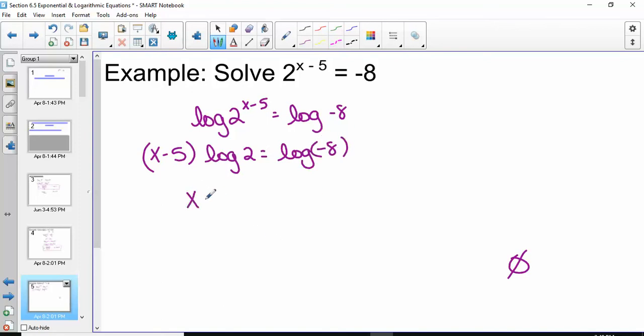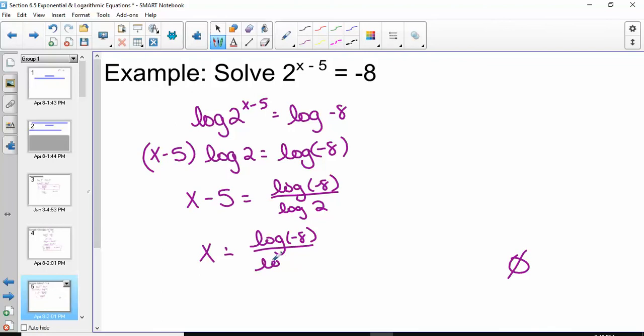So I will divide by my log 2. And then we add our 5 over. So you have the log negative 8 divided by log 2 with a plus 5 on the end.